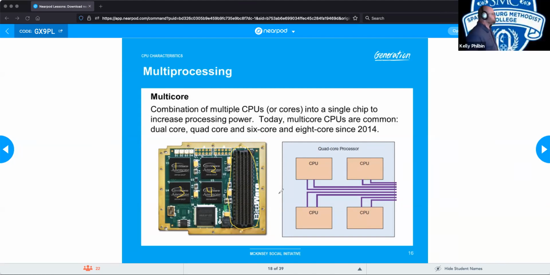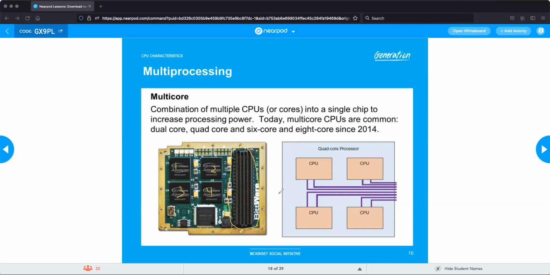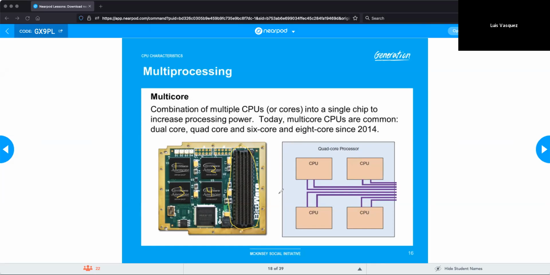So today, it is very, very common. I think almost all CPUs have multi-core processors within them. Yes, Evan. Do heat sinks vary in size? Absolutely, and in functionality.